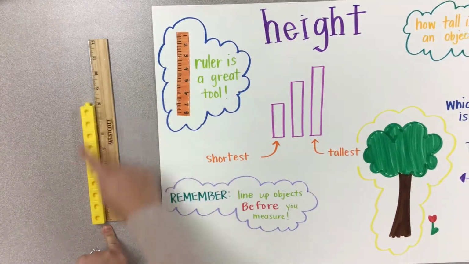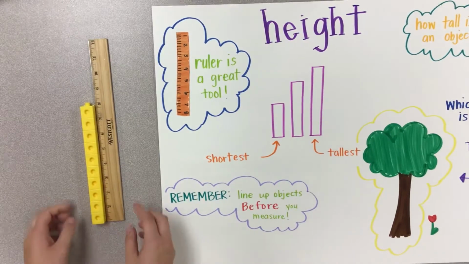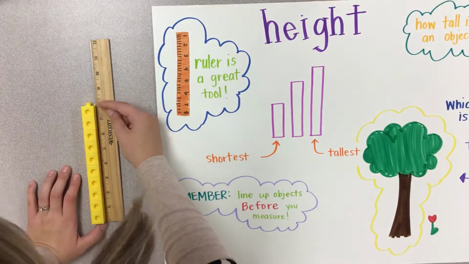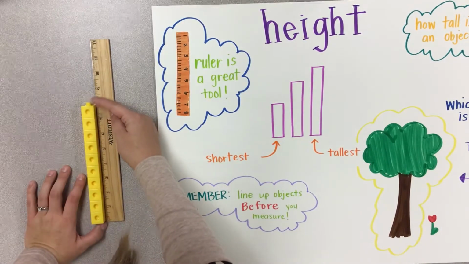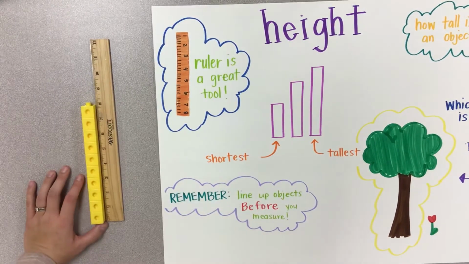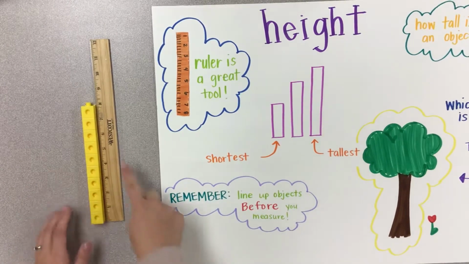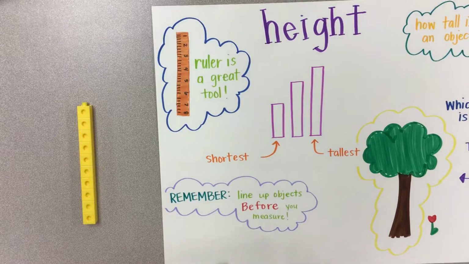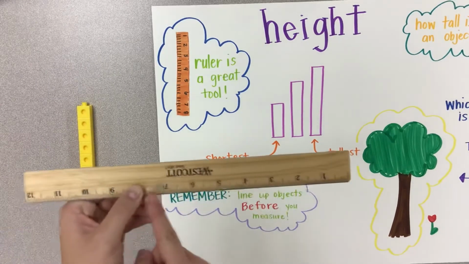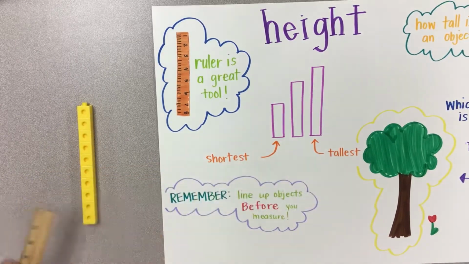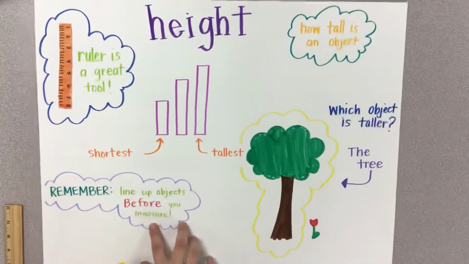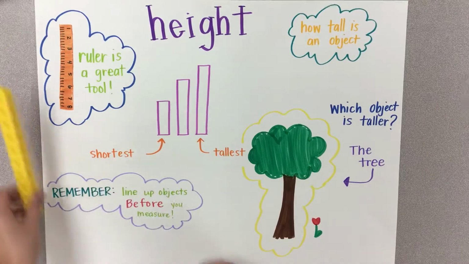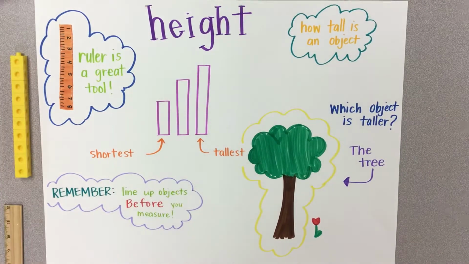I know my ruler is taller than my connecting cubes here, but if I look, my connecting cubes are about 7 3/4 inches tall. So I used my ruler to tell me that they were 7 3/4 inches tall. So I used my ruler to tell me how tall my cubes were.